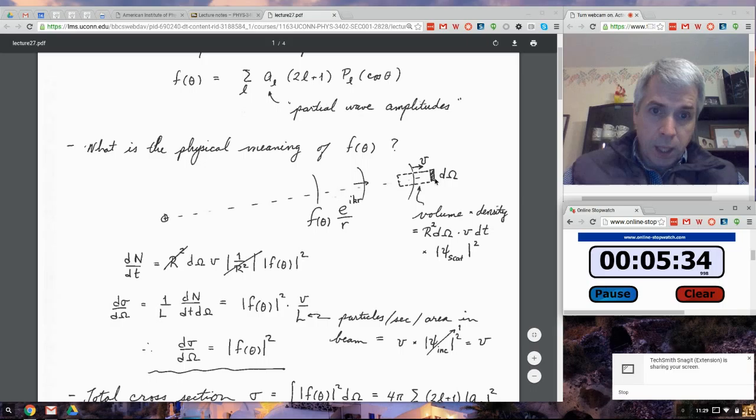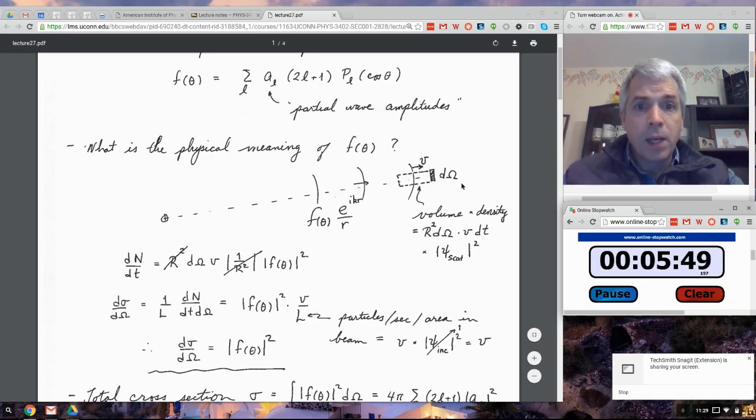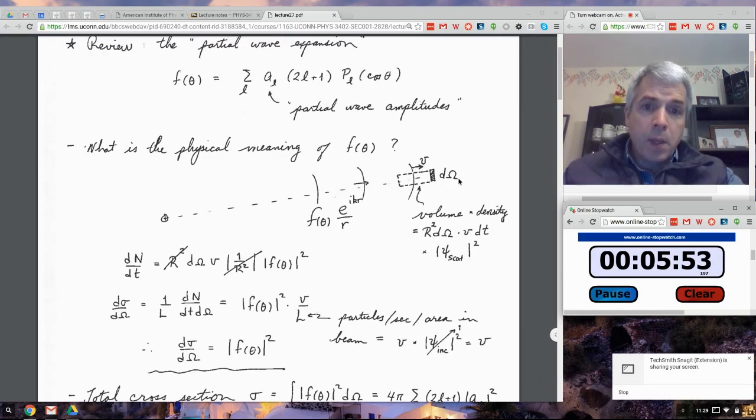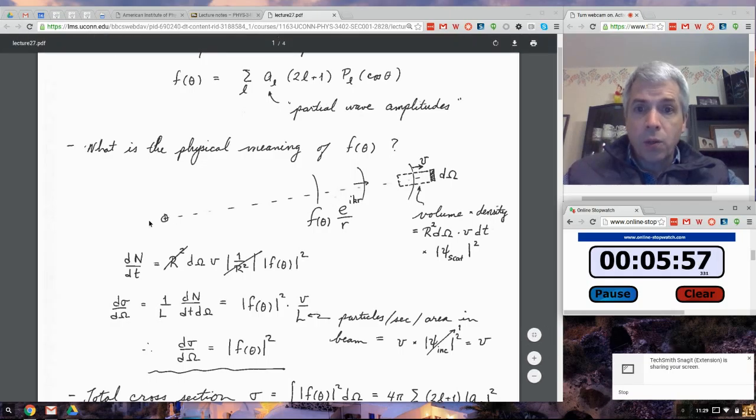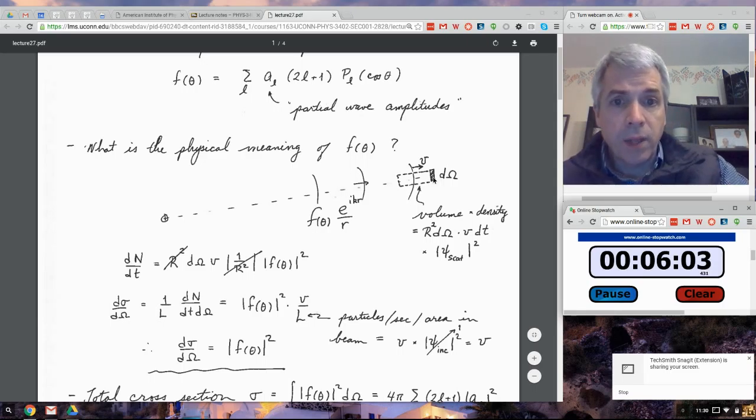And we'll take the detector size to be small compared to r so that we can represent the angular size as seen from the target by some differentially infinitesimal expression d omega. And remember, because it's a solid angle, it's dimensionless, but we mean nothing more than the area divided by r squared. So that's the solid angle. Now, what is the count rate of that detector?